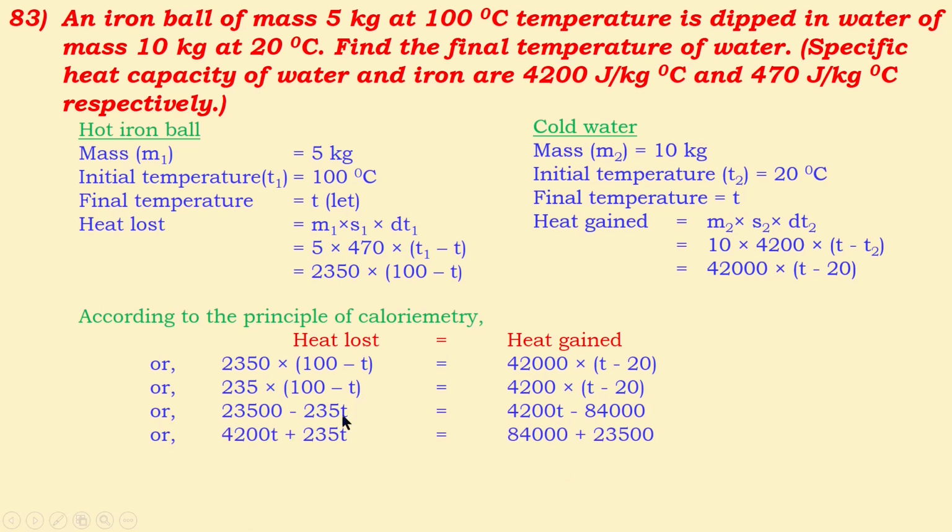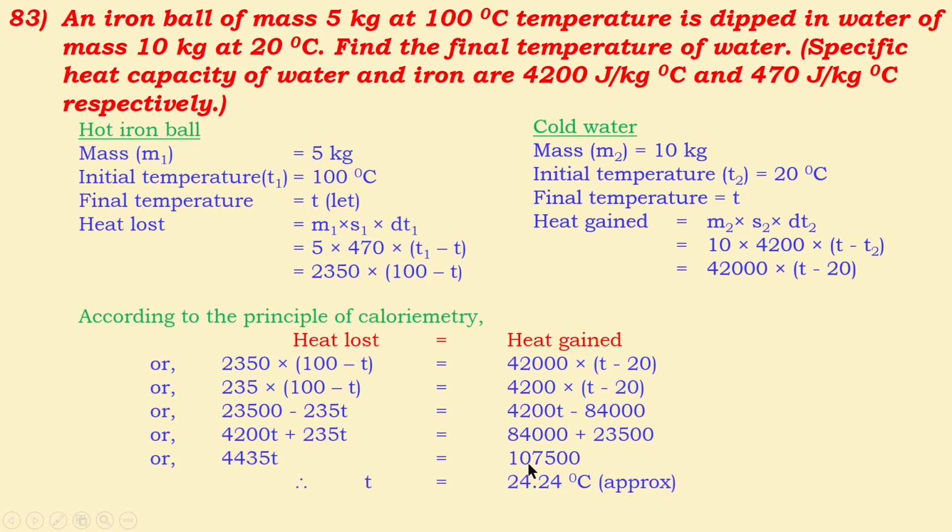And then next, if minus 235 T is taken to the right hand side, 4200 T minus 235 T, and if this negative value is taken to the left hand side, then we will have 84,000 plus 23,500, and adding all this on the right hand side we will get this, and on the left hand side this.